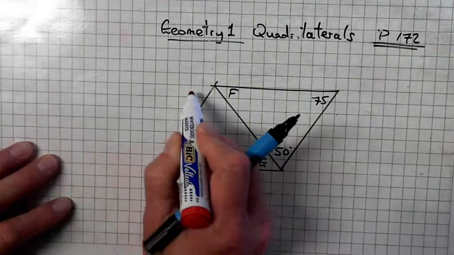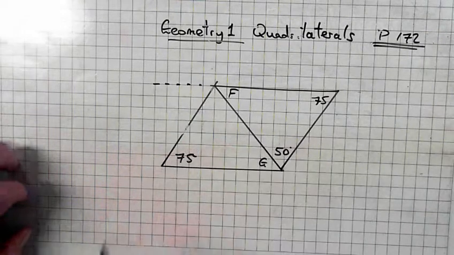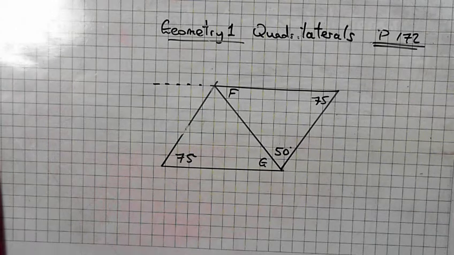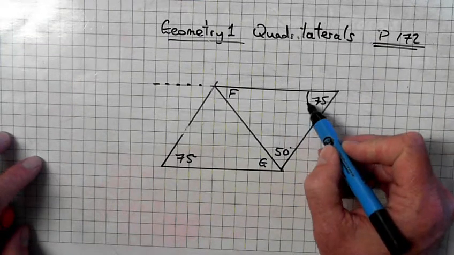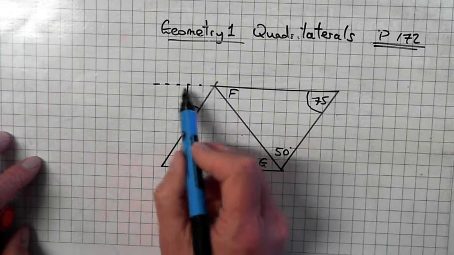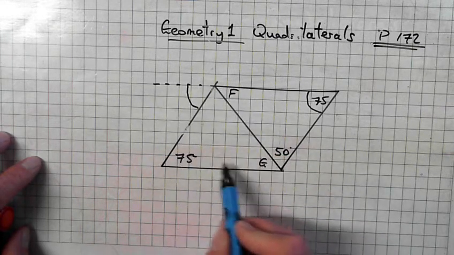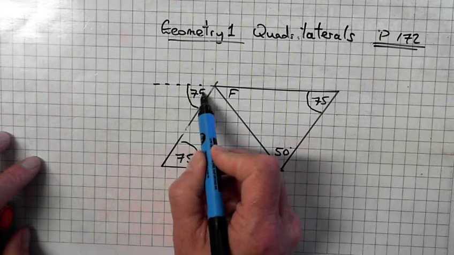Now if you look over here, see this angle here? This angle is 75. See the Z shape? Yeah, we see 75 there. They're alternate angles. That's 75 there.